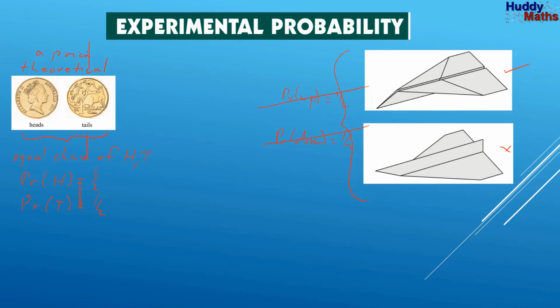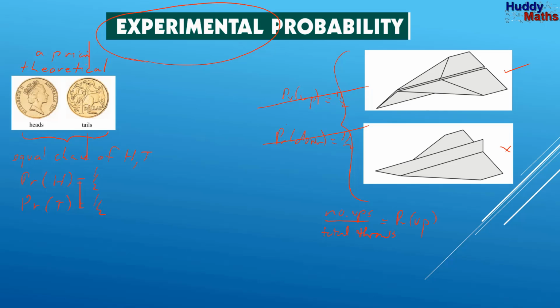Okay. So how would you do it? Well, we could run an experiment. Do it many, many times and see what the chances are. So you do it, and the number of ups divided by the total number of throws of the plane would be the probability of an up.